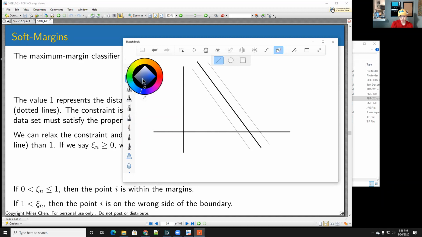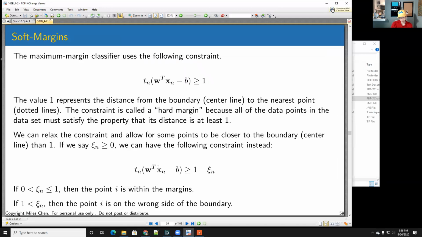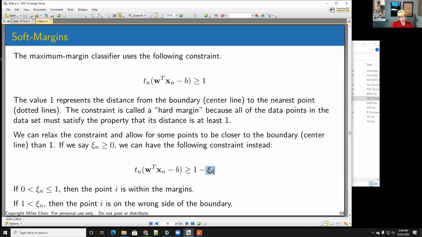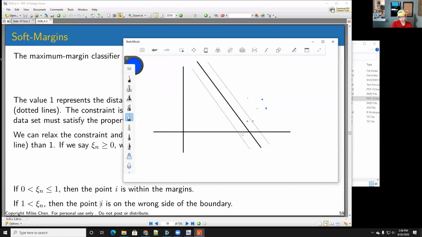All right, when you have the soft margin, most of our dots are, you know, points like here and here and here. And the soft margin allows you to have points that are inside the margin, okay? This will be where when you multiply it, it actually doesn't end up outside of the margin. It ends up within the margin, okay? And in fact, you can even allow for some points to be on the wrong side of the boundary, okay? You can even allow for this, okay?